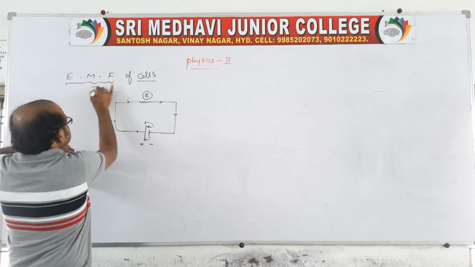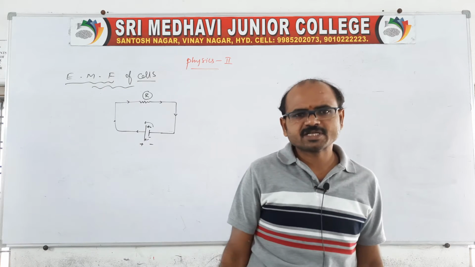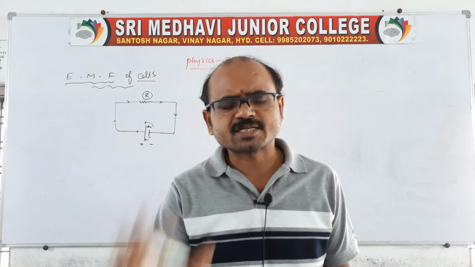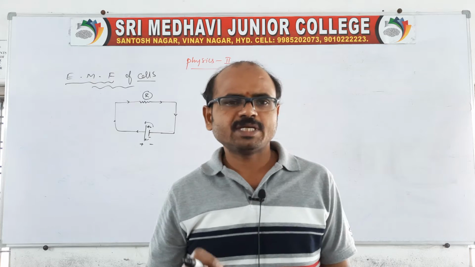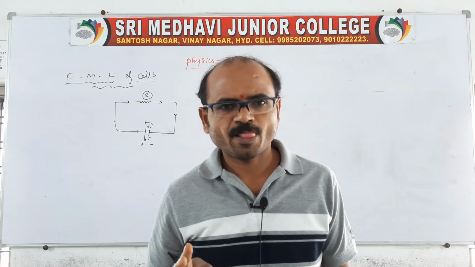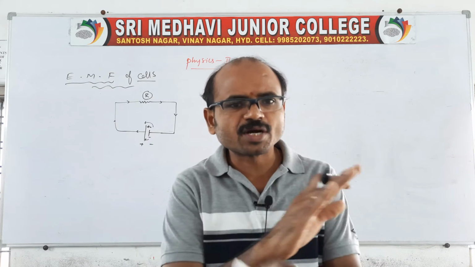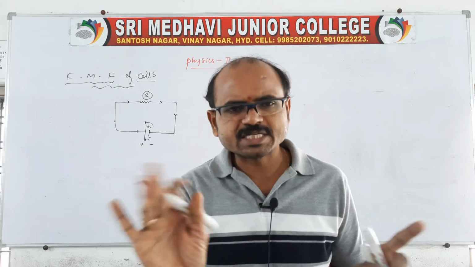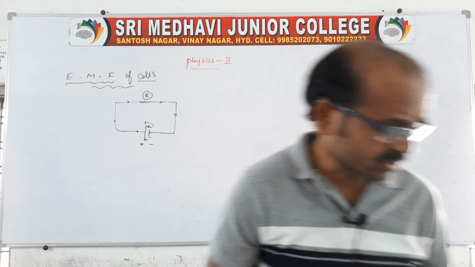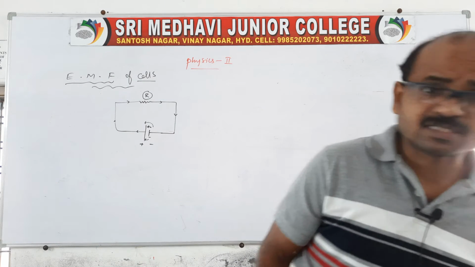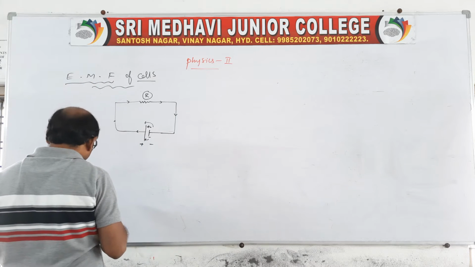This we call the EMF of a cell. EMF of a cell is a work done to drive the charge through the complete circuit, including through the cell. It's not an effect and it's not a force, it's just the work done to drive the charge. This is very, very important, everyone remember.